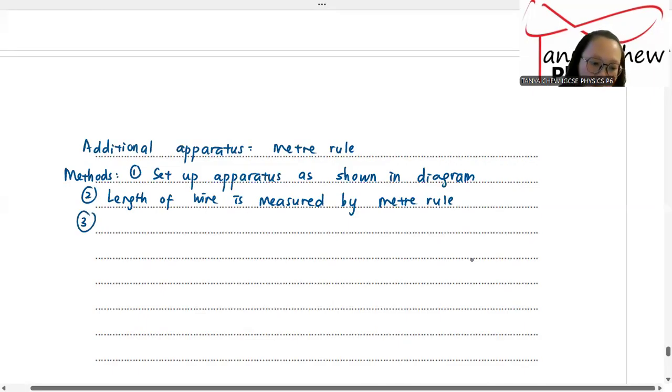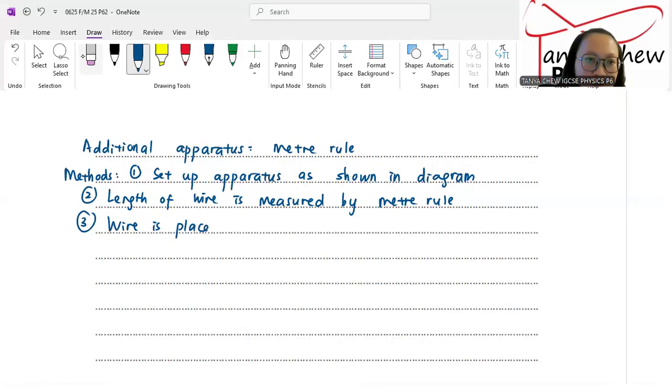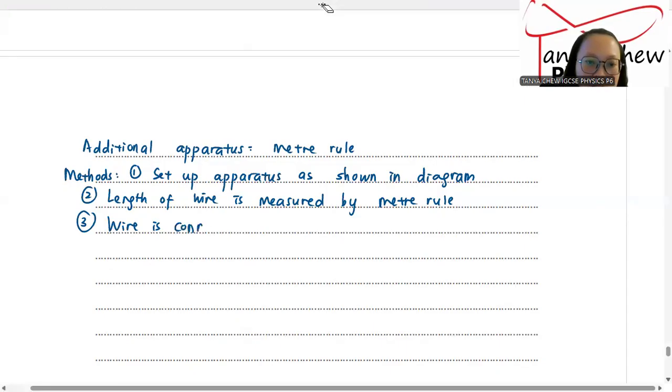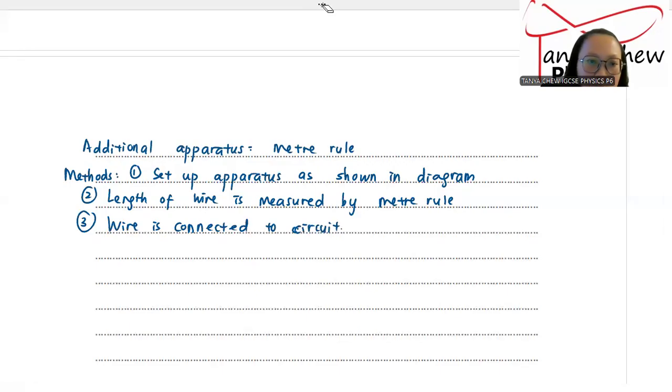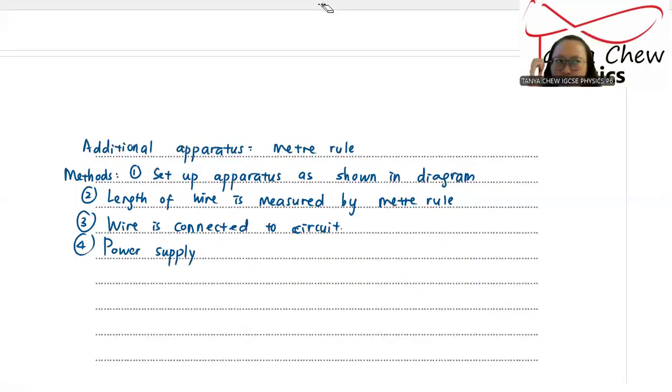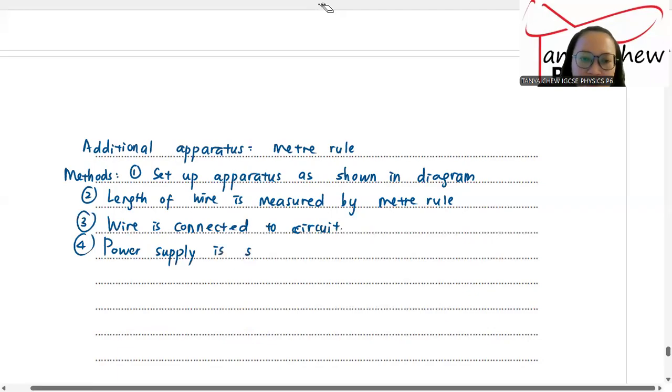And third, okay, wire is connected to the circuit. Once you measure, is connected to circuit. And number 4, you might want to say that the power supply, because this is wire, be sure that you have to set it to a small voltage, yeah? Is set to 1 volt, right? And switch on.